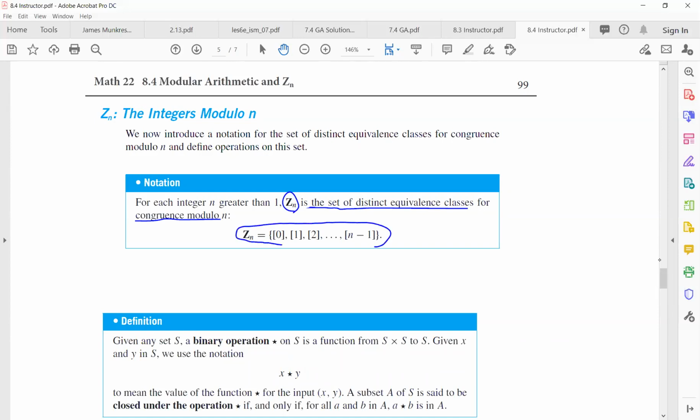So we take all of these equivalence classes and we say, hey, this is Z sub n. Again, remember that the equivalence class of a is the set of all elements in the set, like x, such that x is in relation with a.